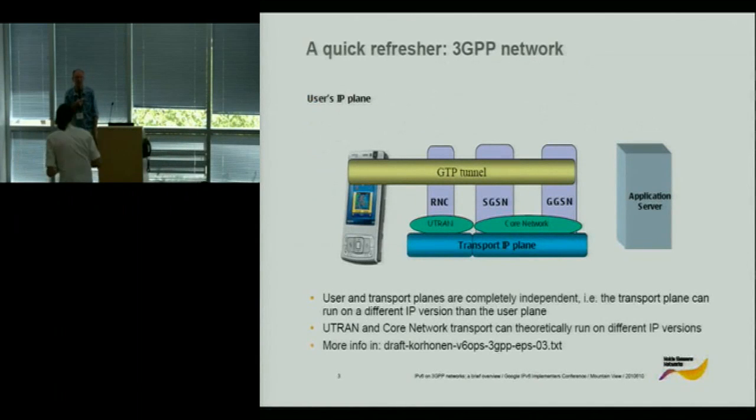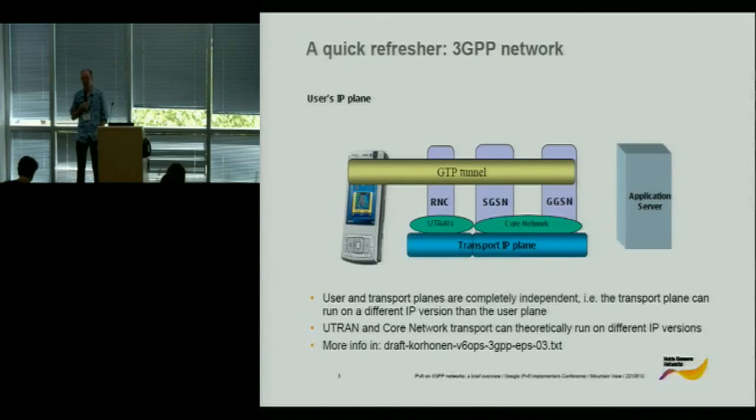The important thing about mobile networking, especially for the IP part, is that we run everything over a tunnel. Here I showed the current 3GPP version for 3G networks.